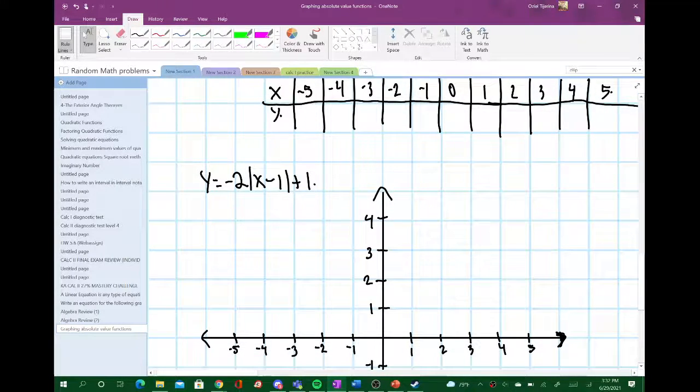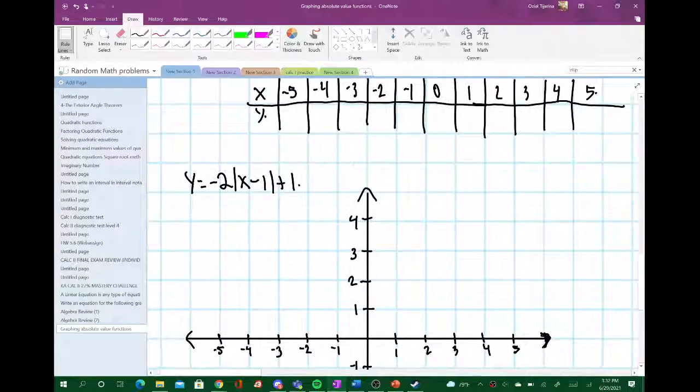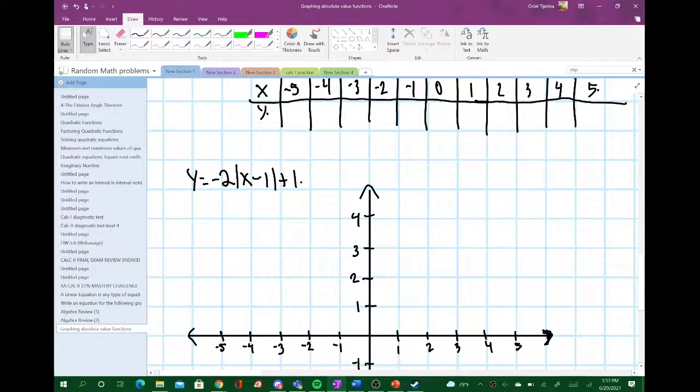Now, obviously, when we do it for -5, it'll probably go off the scale, but I'm only going to graph the ones where I can plot it on the coordinate plane.